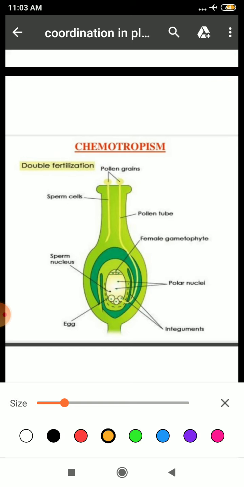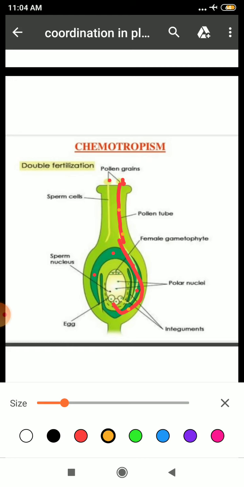See here, this is your pollen grain. This is your ovary. It will secrete some chemical. That chemical will allow the pollen grain to form a pollen tube. And then through this pollen tube, two male gametes are there, they will move.